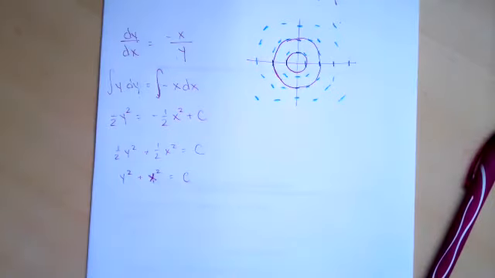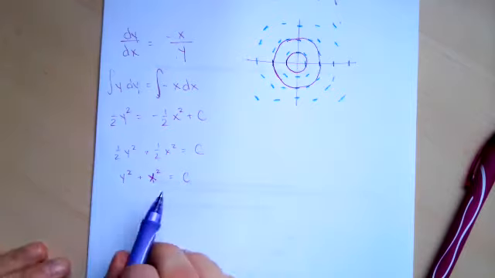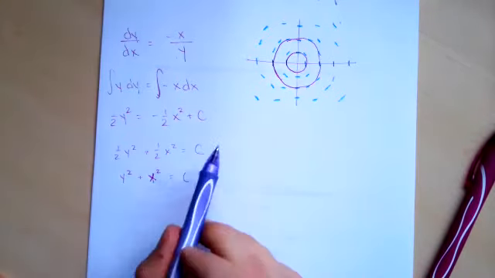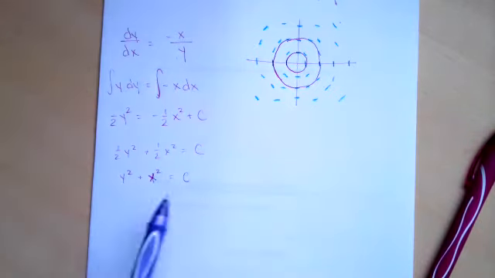Since it was a dummy constant, we don't really need to write 2 times a constant. If it's a specific constant that we're solving for, sometimes you do want to keep the 2's in the manipulations, but because it's just a dummy constant that could be anything, it's fine to keep it as it is. And what's our equation? x squared plus y squared equals a constant.